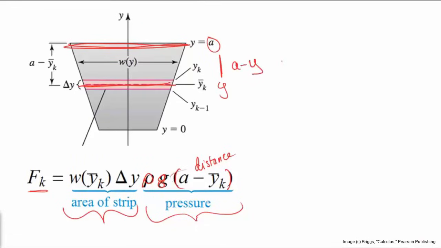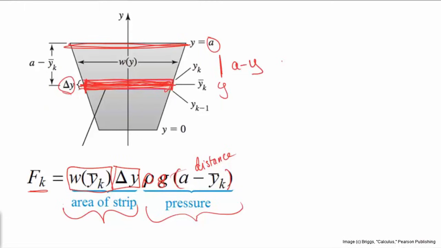And then the area of this little strip of water, that area is all at the same pressure because it's all at the same depth. So we can use all of it together. So we need to find the length of the strip. And so this W of y, that's supposed to be that length, or they're using W, I think, for width. The width of this strip times the delta y. The delta y is how thick the strip is. And if you put all those together, that's going to give you your force.